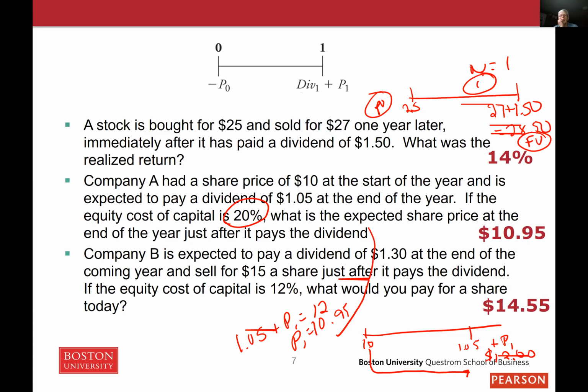I'm highlighting the timeline because what I find is that when people make mistakes, it's because they put the number at the wrong time. So making sure you're clear where the number goes matters.